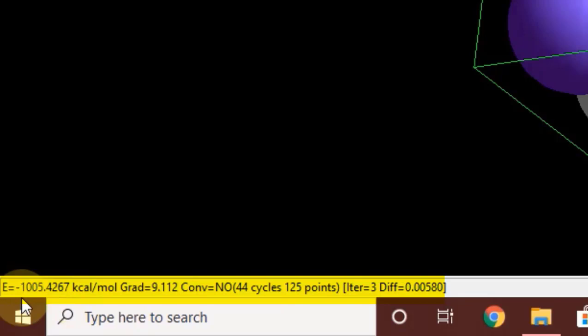Now I didn't see any change in the energy, so I note down this energy of the merged structure of carbon dioxide and NaCl crystal on the notebook.